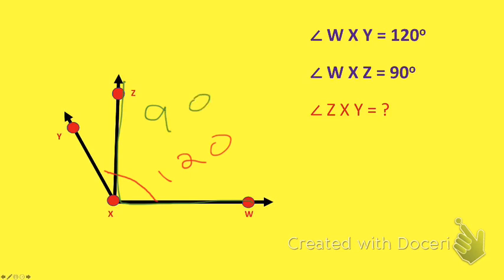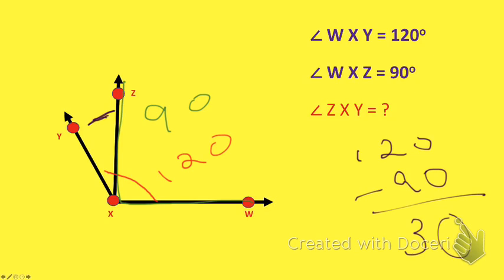What the question is asking us to figure out is what is the measurement of this angle, angle ZXY. To figure out the angle ZXY, you know the whole angle is 120. One of the measurements you know is 90. So when you subtract, you get 30 degrees. So angle ZXY is 30 degrees.